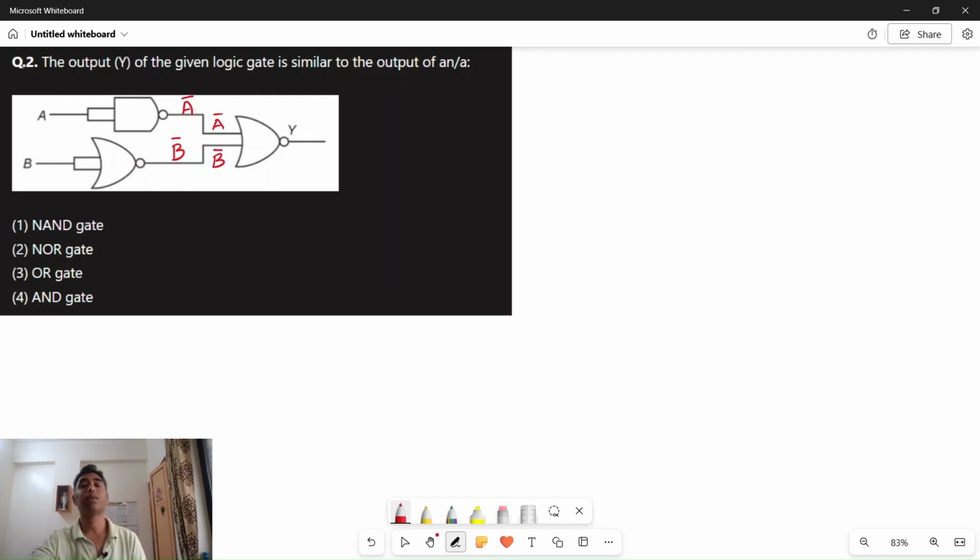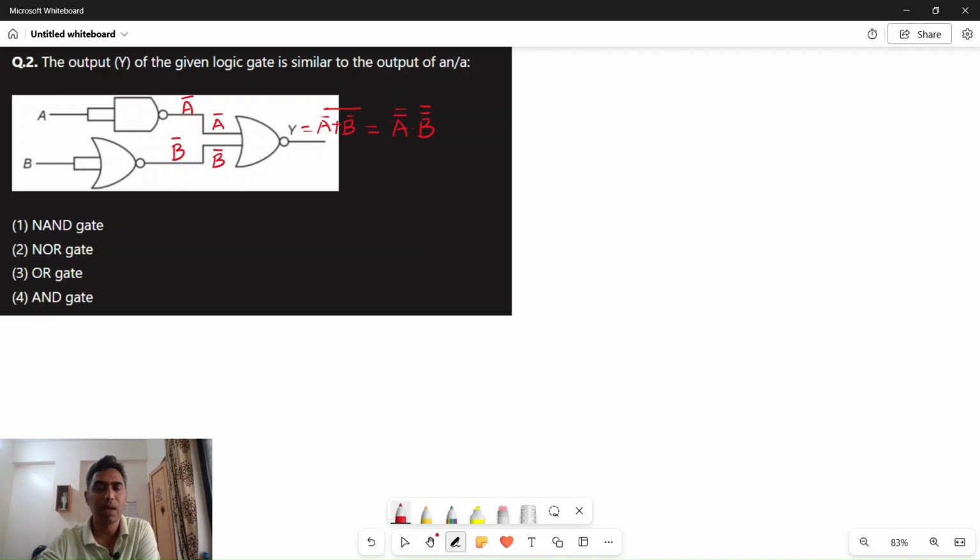So here, see, this is a bubble, right? So this will come out as Y is equal to A bar plus B bar, the whole bar. This will be equal to, as per De Morgan's theorem, A bar bar dot B bar bar.